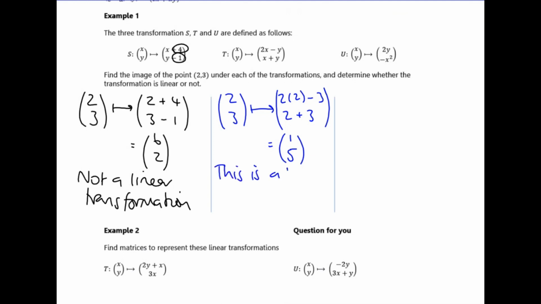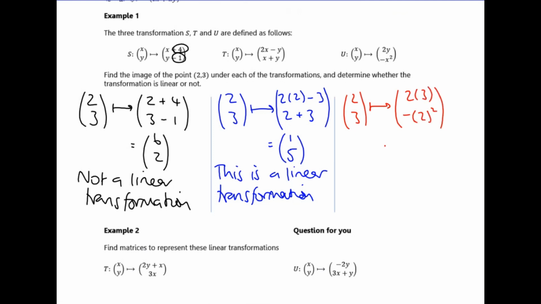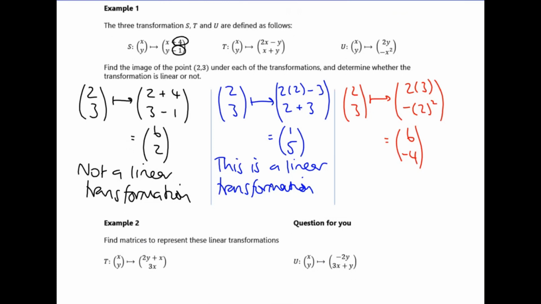This is a linear transformation. And for this final one here, this one maps 2, 3 onto 2 times 3 and then -2 squared. Maps it onto 6, -4. This one isn't a linear transformation because it's got a squared down here, so it's not linear.